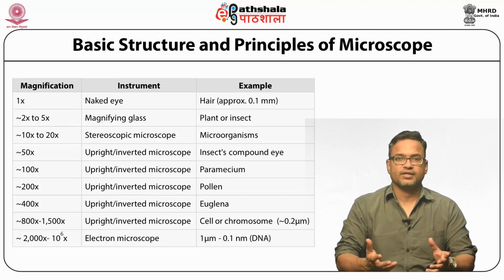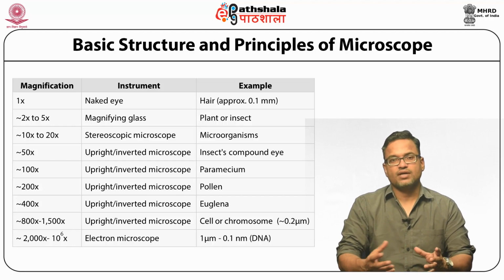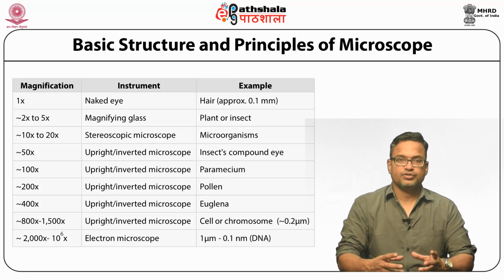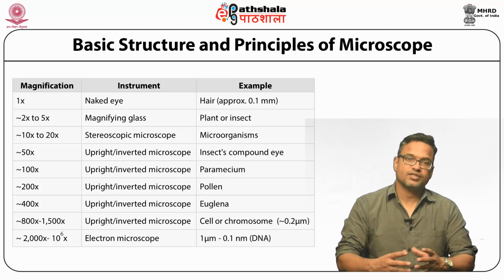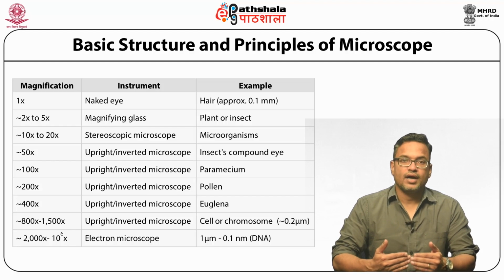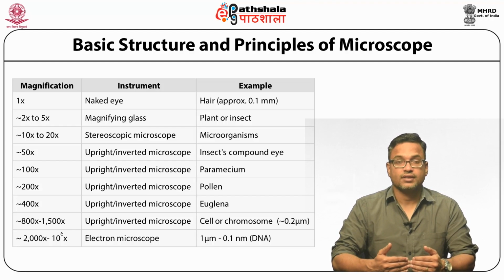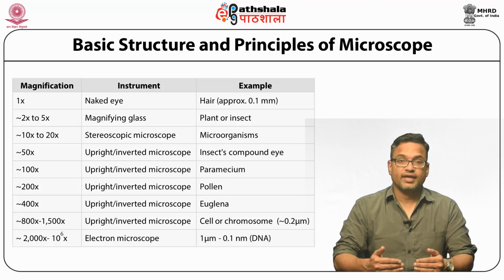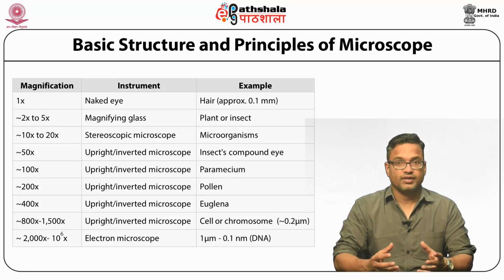The stereo microscope comes in when we are trying to understand microorganisms, with a magnification of 10 to 20x. Then there is high-end microscopy, with magnification up to 50x, 100x and 200x. At 50x we are looking at the compound eye of an insect.